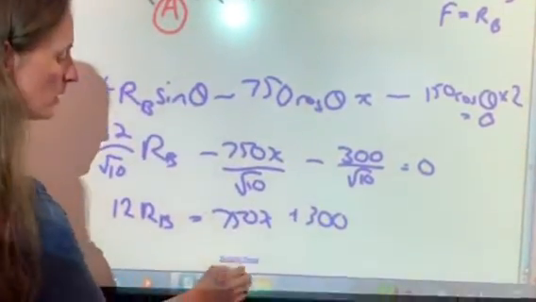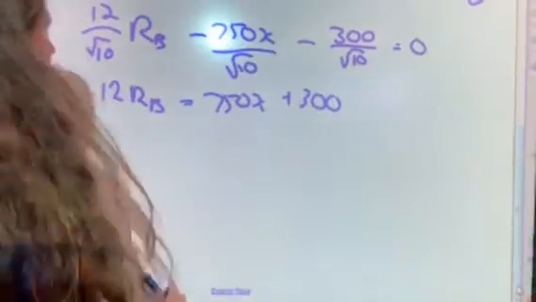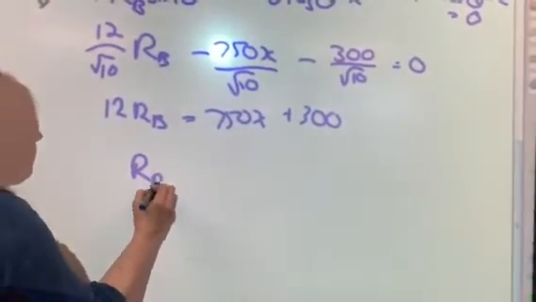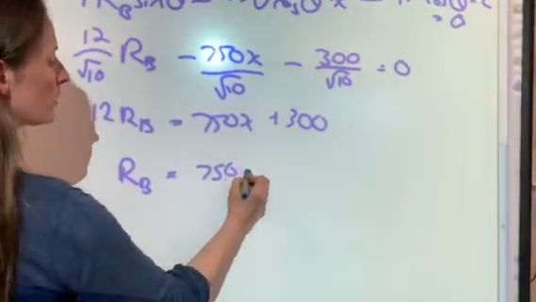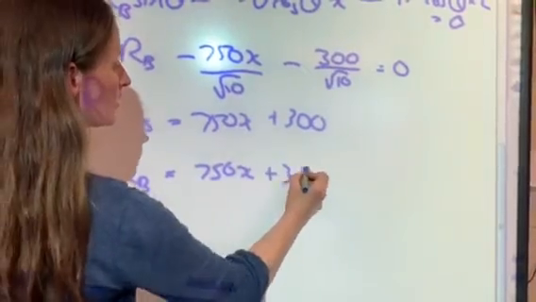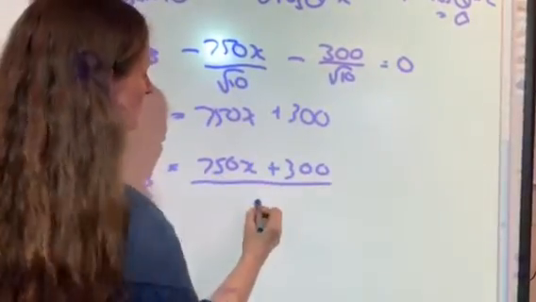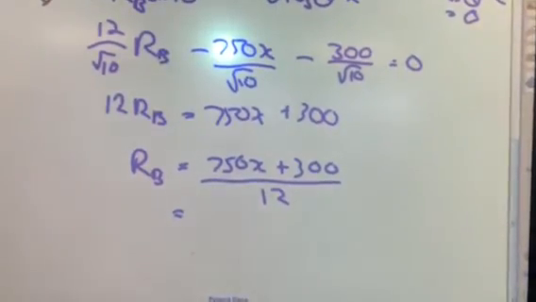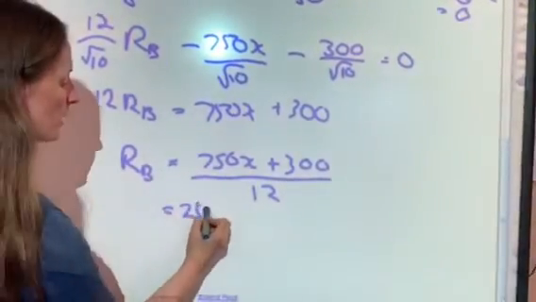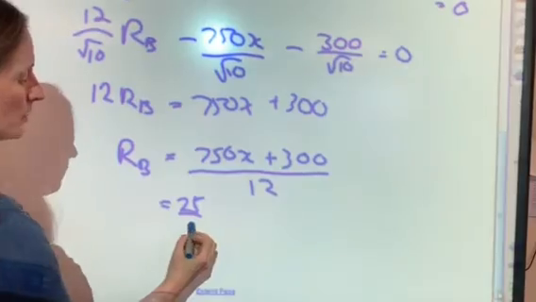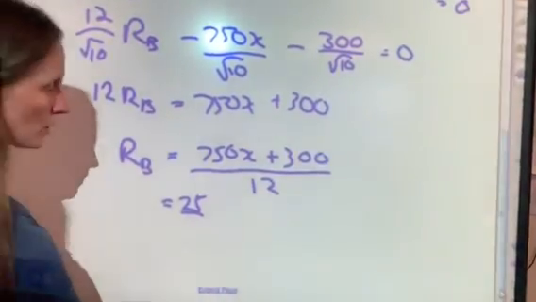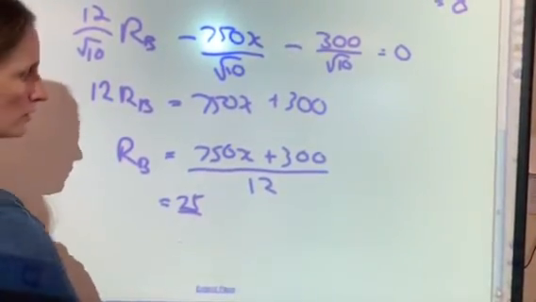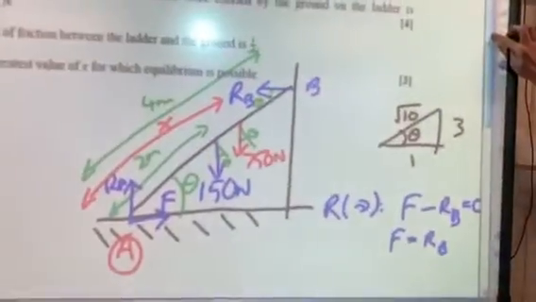If we then divide by 12, we can simplify that and get the original expression, which is 25 over 2 times 2 plus 5x. Let me go back to where we were.